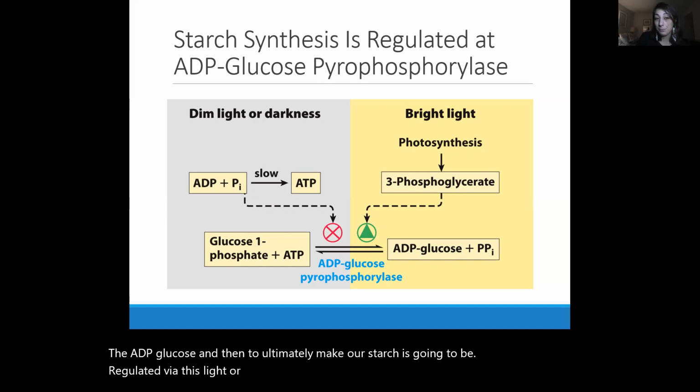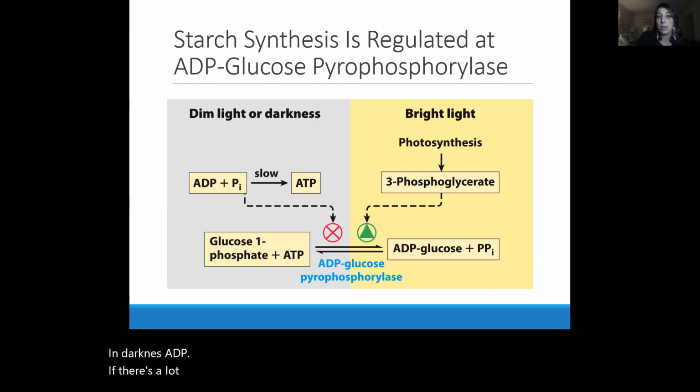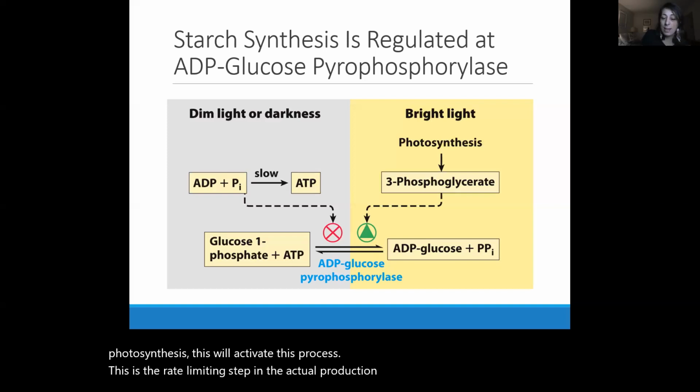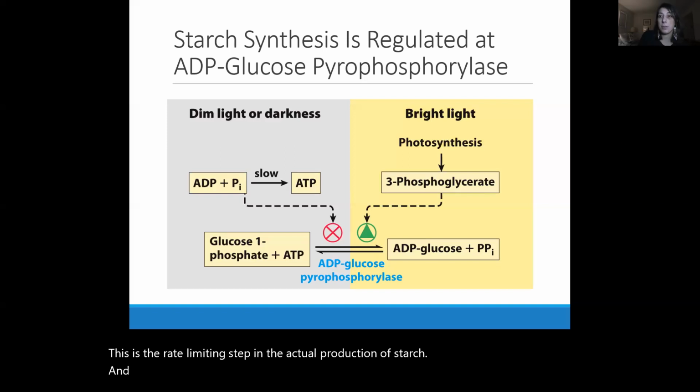So you can see that in darkness, if there's a lot of ADP because it's dark, it's going to inhibit this process of the ADP glucose pyrophosphorylase. But when we have bright light and we're producing 3-phosphoglycerate via photosynthesis, this will activate this process. This is the rate limiting step in the actual production of starch. And again, is regulated ultimately by light.